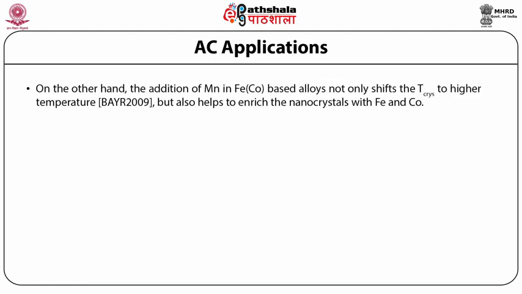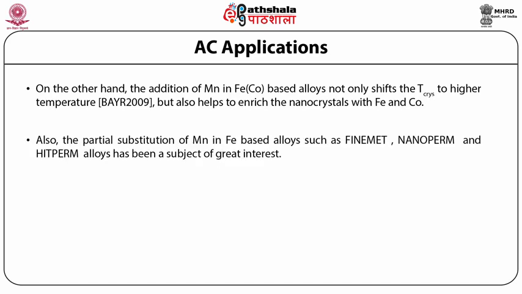On the other hand, the addition of manganese in iron cobalt based alloys not only shifts the crystallization temperature to higher temperature but also helps to enrich the nanocrystals with iron and cobalt. Also, the partial substitution of manganese in iron-based alloys such as FINEMET, NANOPERM and HITPERM alloy has been a subject of great interest.